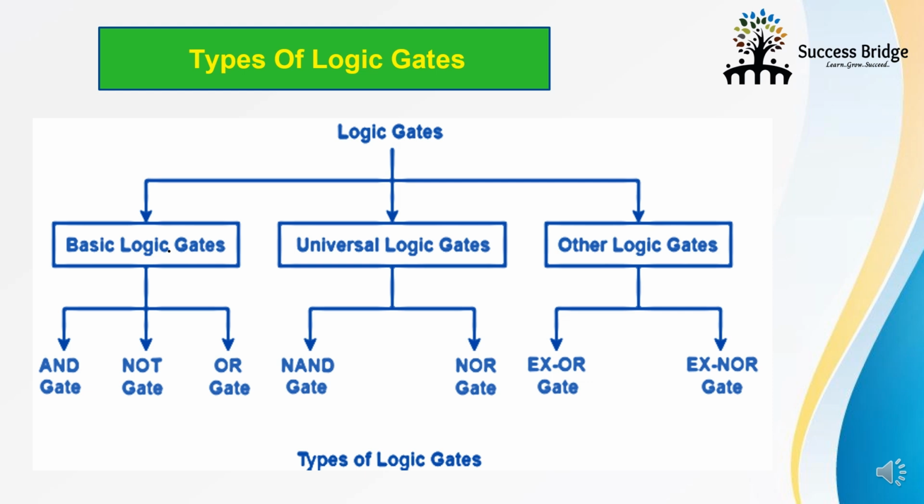These gates are known as universal gates, because using any one of these two gates, it is possible to build any logic circuit or Boolean expression. Apart from that, we have two more logic gates, that is the XOR gate and the XNOR gate. One by one, let's talk about all the different logic gates.